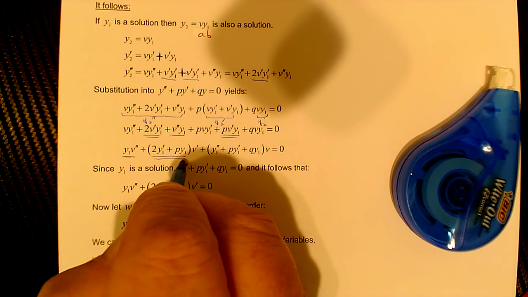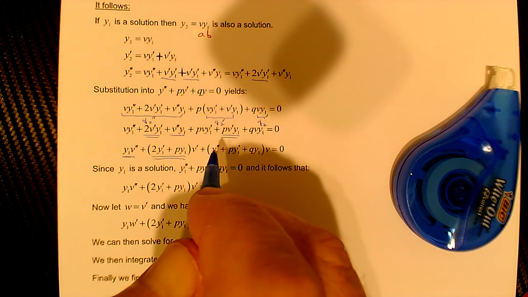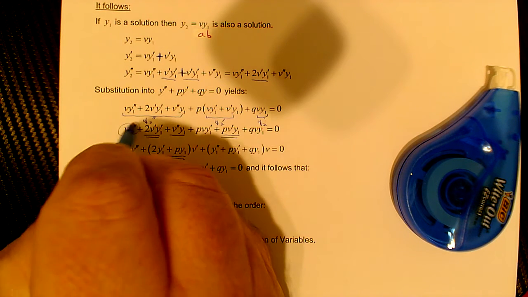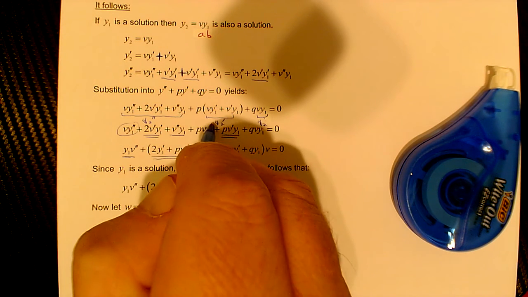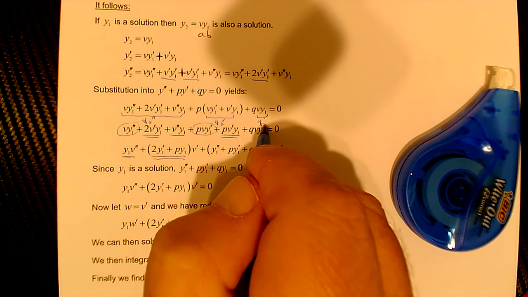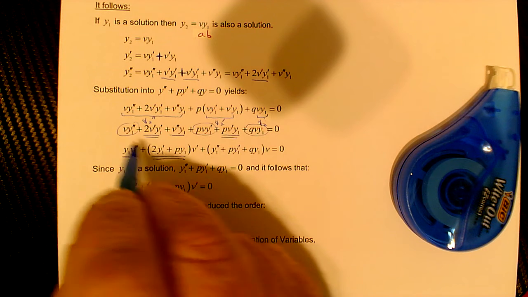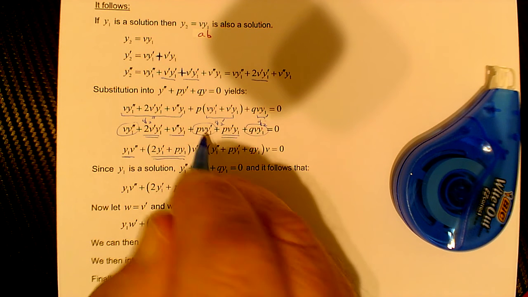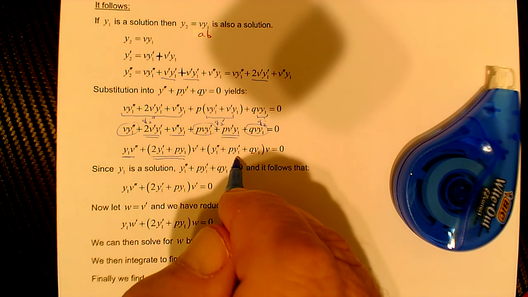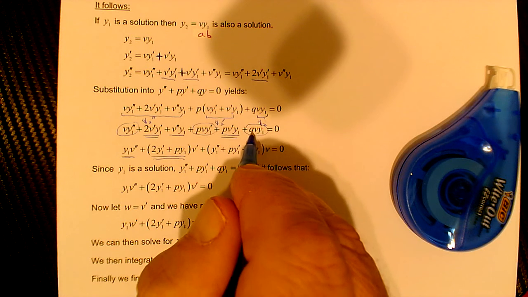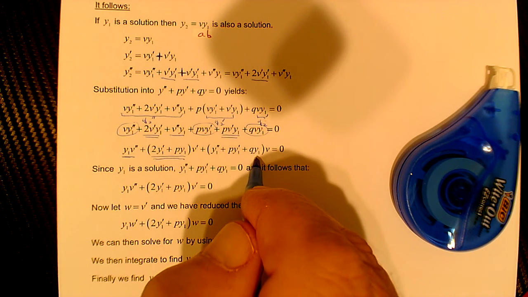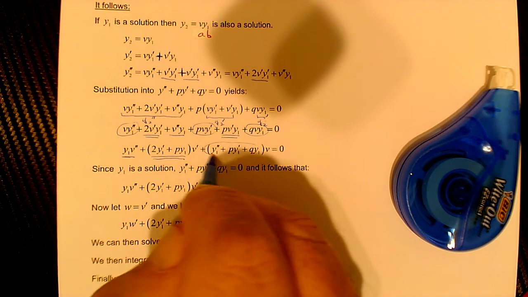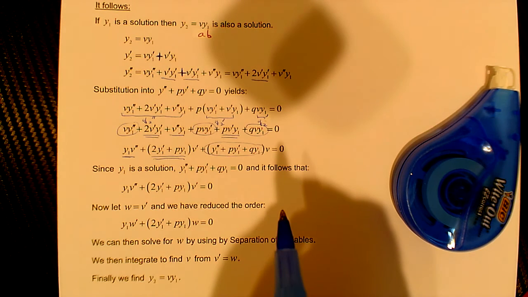So those were from that, and then the remaining terms all just involve v. And factoring a v from those, we're left with y1 double prime, py1 prime, and qy1. So that was from the v's.